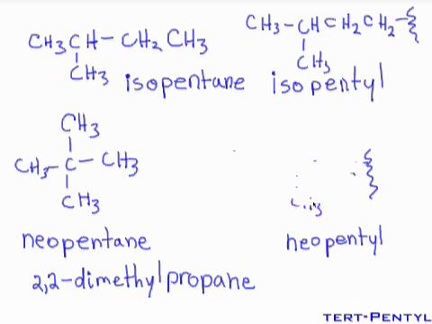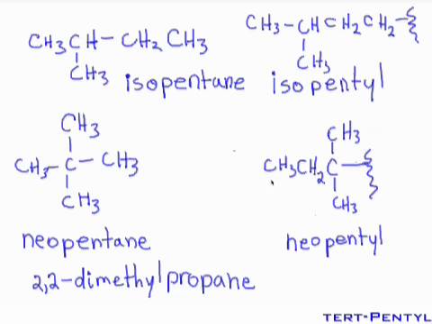What happens if you attached it to the tertiary carbon of Isopentane? What would happen if, say, you CH3, CH2, what would happen if you attached it here, where you had two methyls and an ethyl?